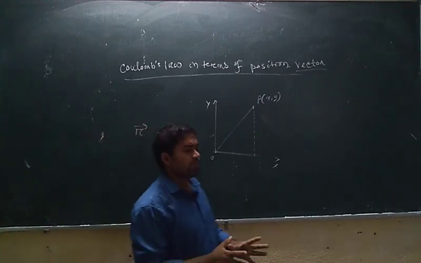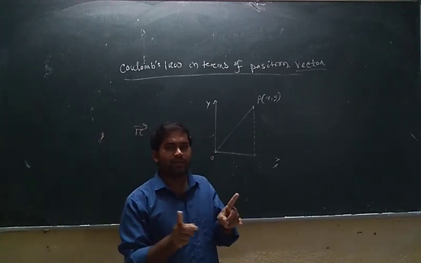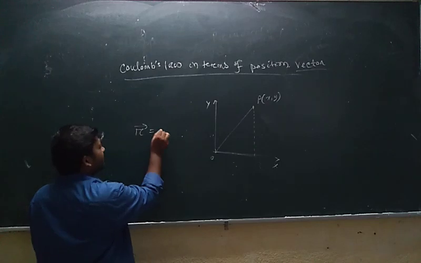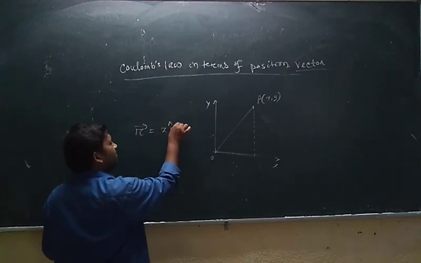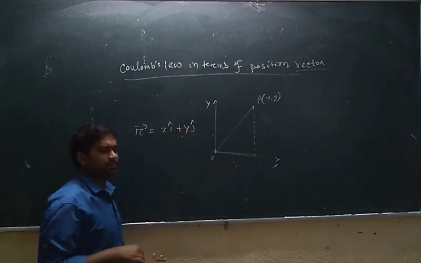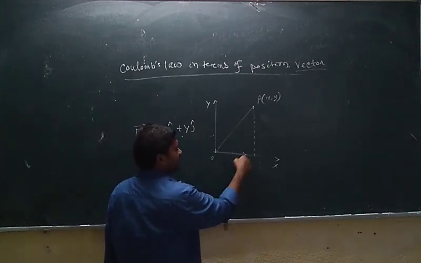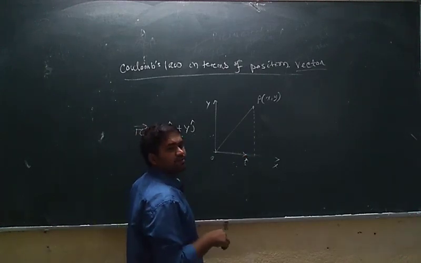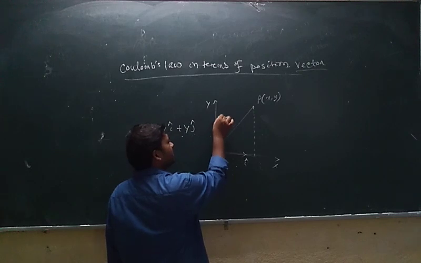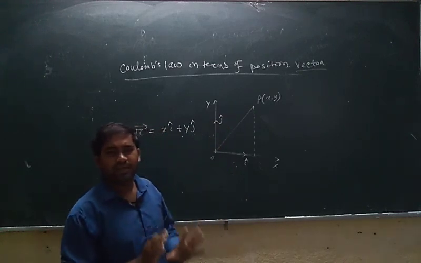Since we are taking a two-dimensional coordinate system, r vector can be written as x i cap plus y j cap, where i cap is the unit vector along the x axis and j cap is the unit vector along the y axis.